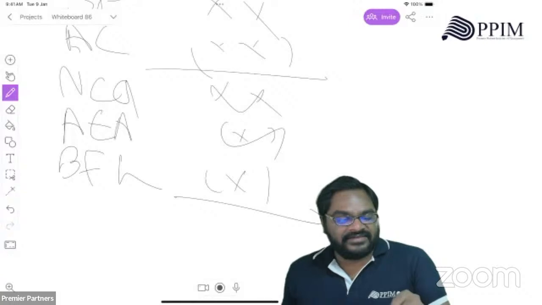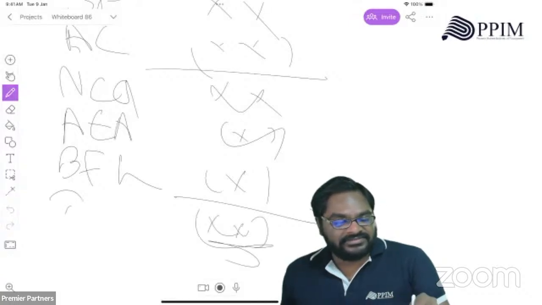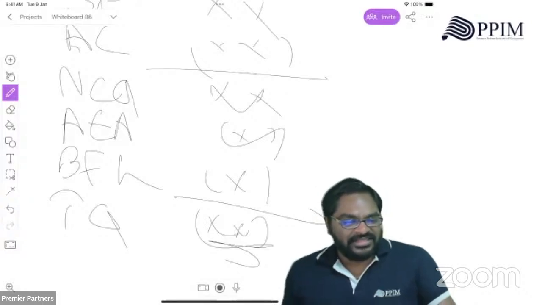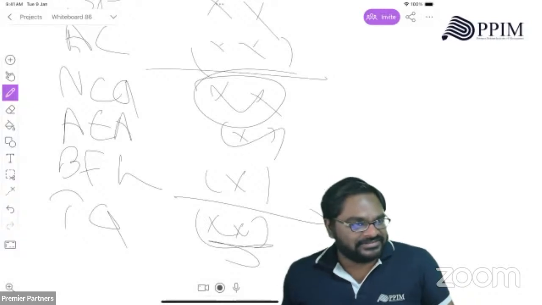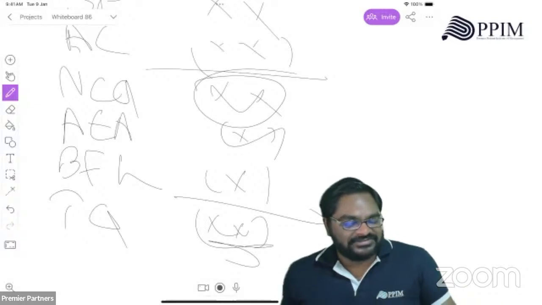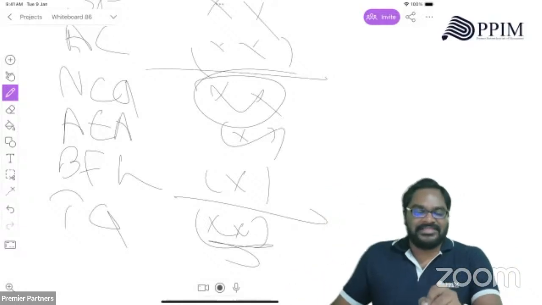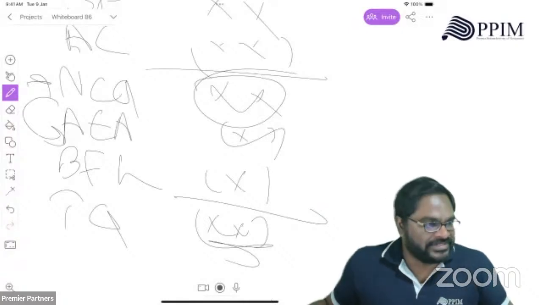Then we derived the taxable gain. This is what we did, right? The figure they have given according to the terminology is this one. So if we are on this figure, why did we not deduct AEA? That is the question that is raised.